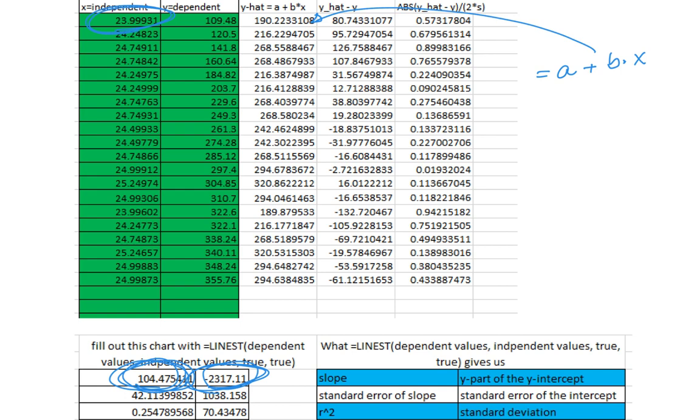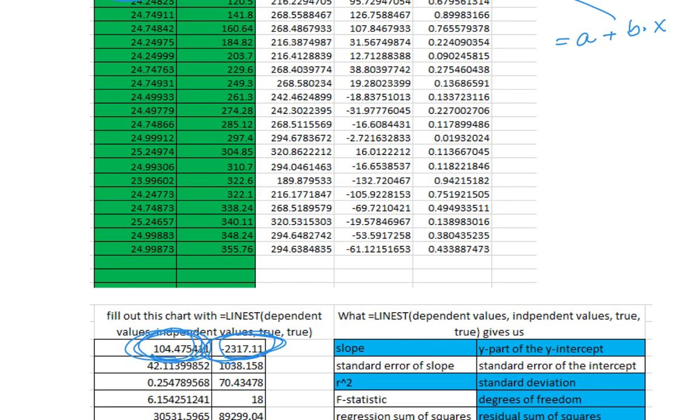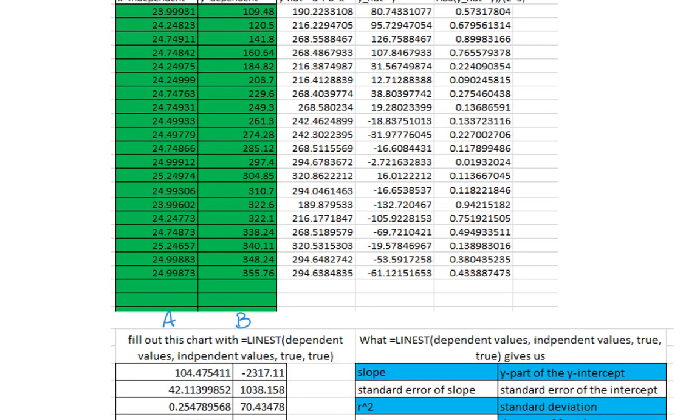Now, let's assume, for sake of argument, that these cells, because you're going to ask how am I going to do this? Well, let me show you how to do this so you can drag and drop. Let's assume that this is column A, this is column B. Let's assume this is row 3, and this is, say, row 27 and row 28. So what I would do to get this number is I would do an equal symbol in that cell.